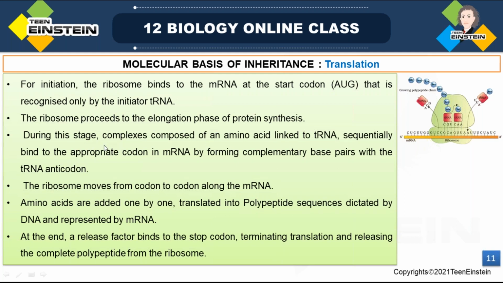Next is elongation. The ribosome proceeds to the elongation phase for the synthesis of protein. During the elongation phase, the complex is composed of an amino acid. Different amino acid complexes will form, and those complexes link to the tRNA and sequentially bind to the appropriate codon in the mRNA.